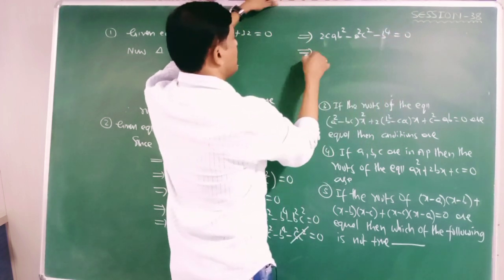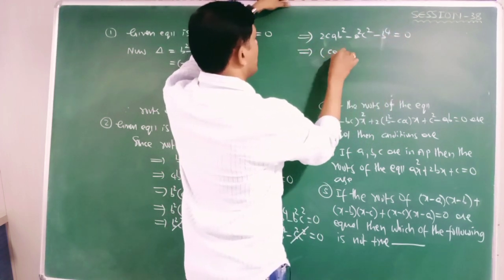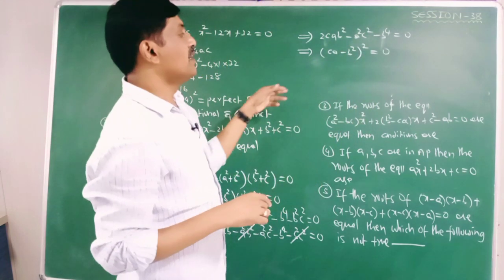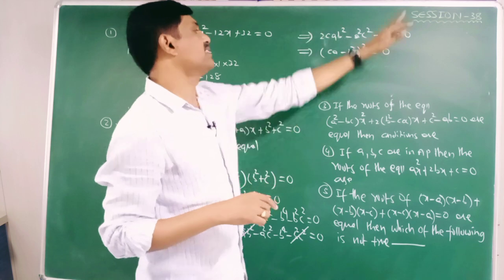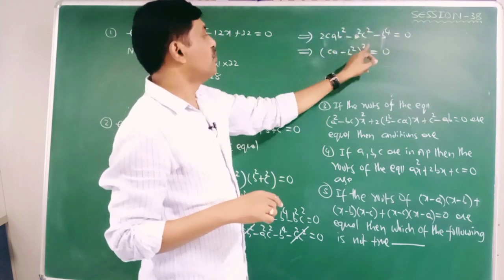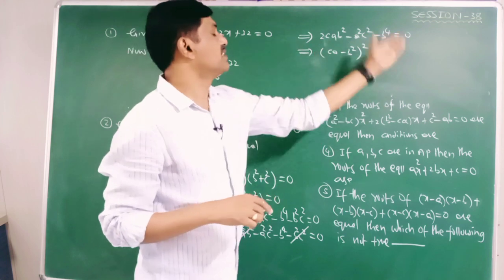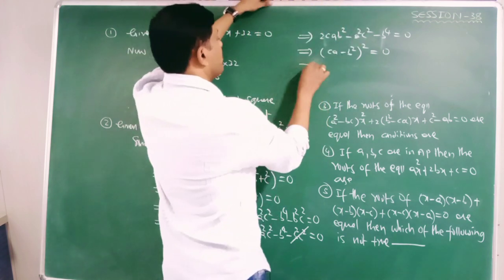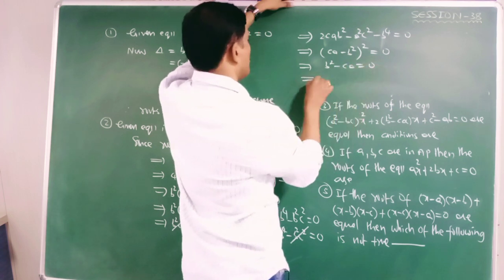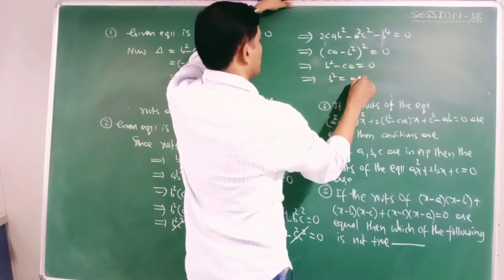This is clear in the form of (ca minus b square) whole square is equal to 0. This is c square a square, bring that side as ca square b square, plus b power 4 minus 2ac b square, you get the same answer. This implies b square minus ca is equal to 0. This implies b square is equal to ac.